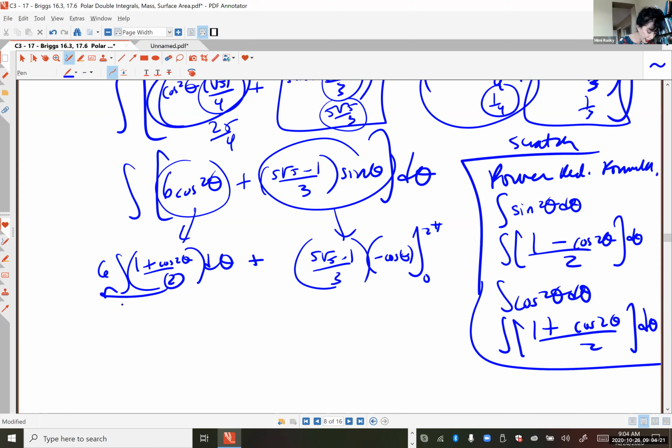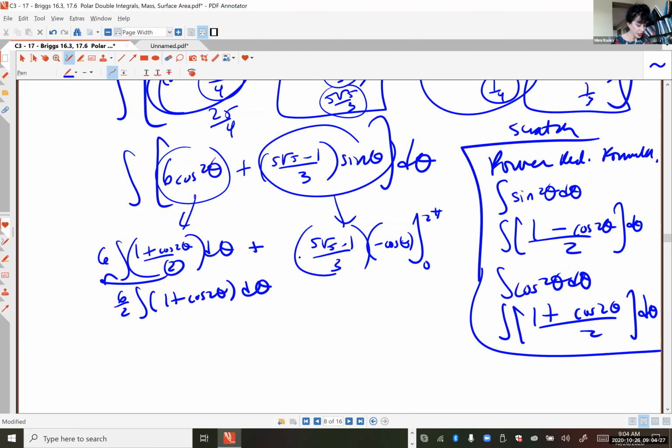I like to pull my fractions out, that way I don't have to deal with trying to integrate a fraction. And then this is just going to be 3, and then theta plus a half sine of 2 theta, like so. And we'll evaluate that from 0 to 2 pi also. Okay? Everybody with me so far?